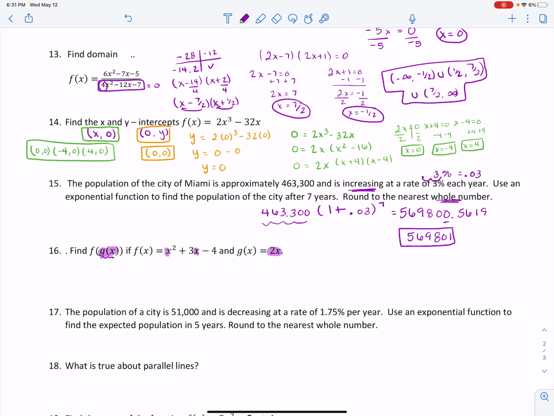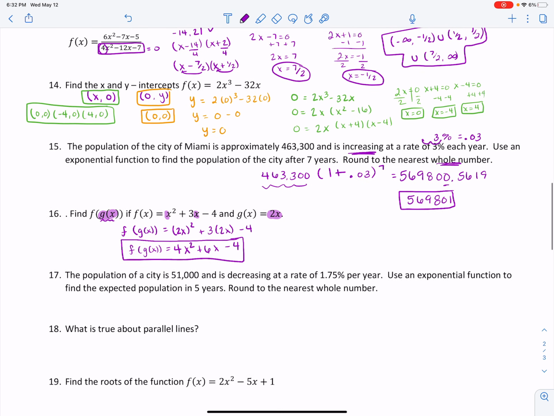So my function f, when x is turned to g of x, is instead of x, I have 2x squared plus 3 times 2x minus 4. So f of g of x is 2 squared is 4, x squared, 3 times 2 is 6x minus 4. So you put g inside of f.